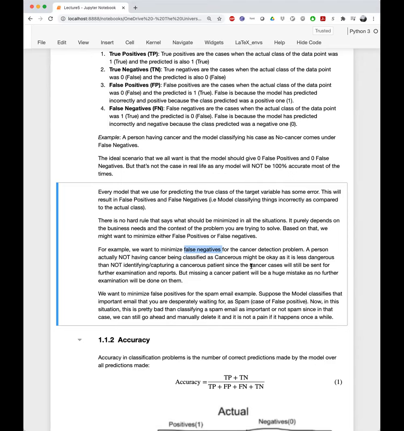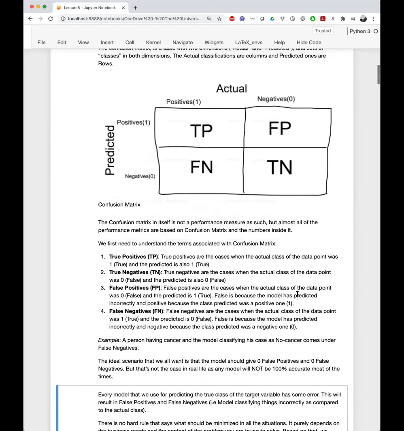So people can tolerate more false negatives, but we cannot lose any important email. Based on different problems, we may want to minimize false negatives or false positives.